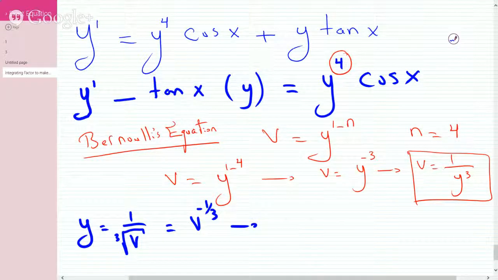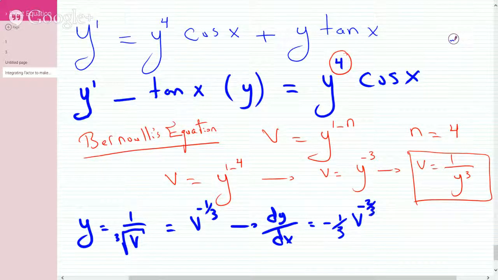And we will find dy over dx is equal to minus 1/3 v. Minus 1/3 minus 1 is minus 2/3, power rule, and then we will multiply by the chain rule the derivative of v, which is dv over dx.